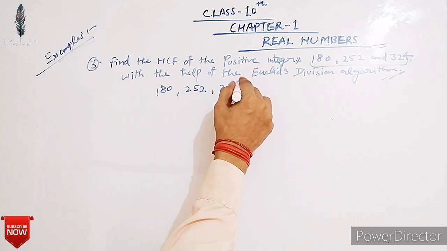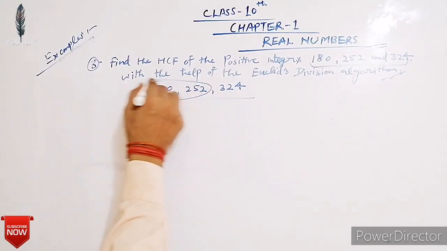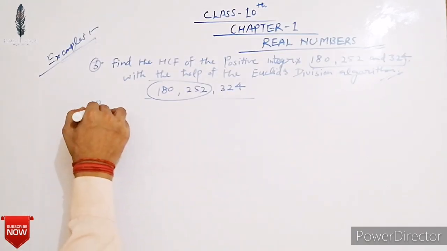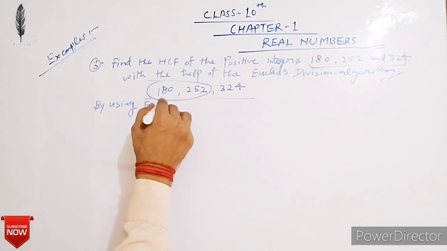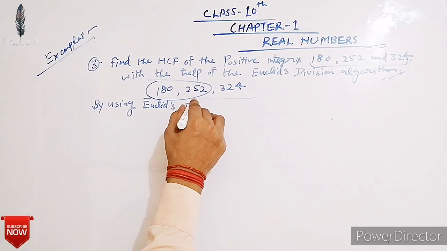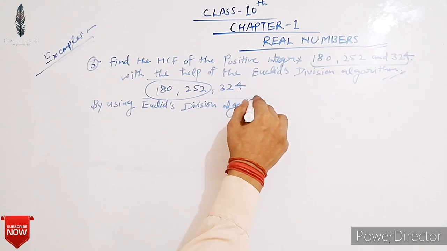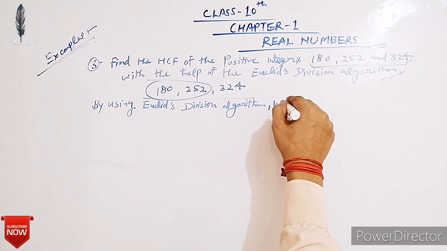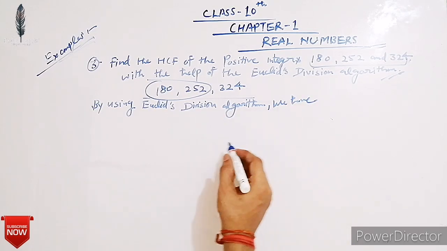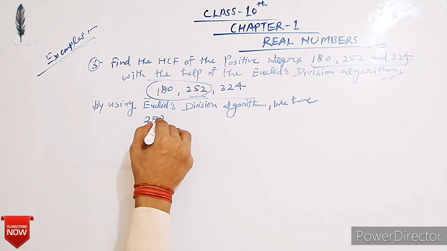So first we apply Euclid's division algorithm on 180 and 252. So by using Euclid's division algorithm on 180 and 252, we have here 252 is the larger number in 180 and 252.